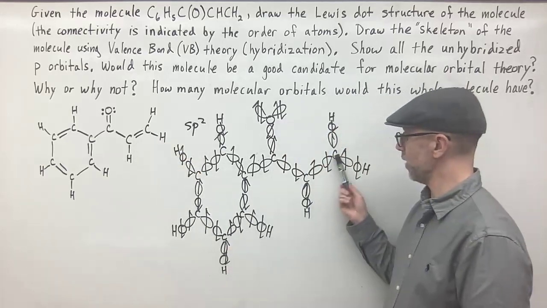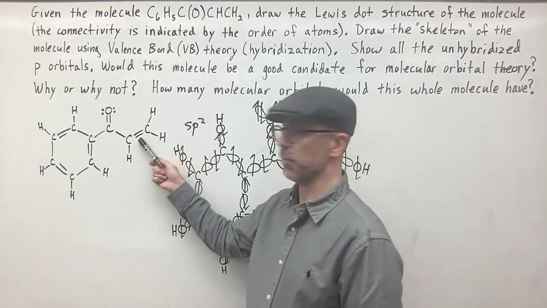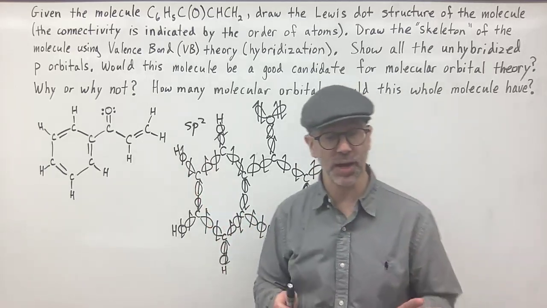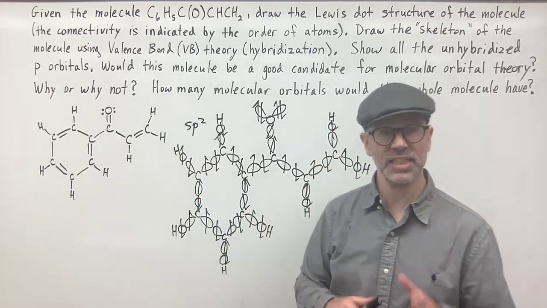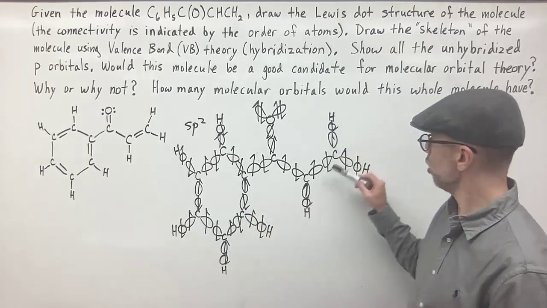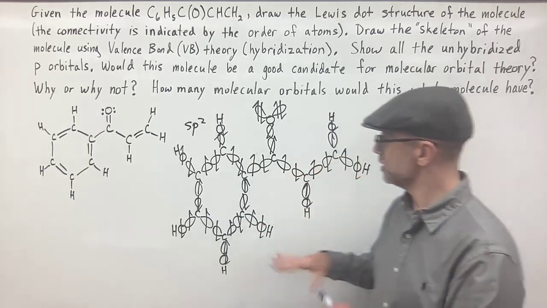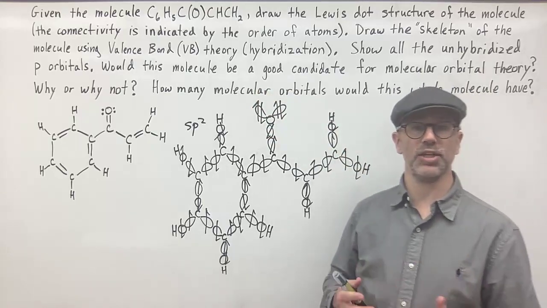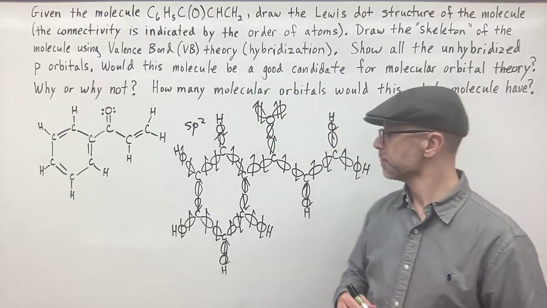Here you have a sigma bond, here you have a sigma bond with the double bond, right? So we're ignoring all the pi bonds and just focused on these sigma bonds. So this shows the sigma structure of the molecule using valence bond theory hybridization.